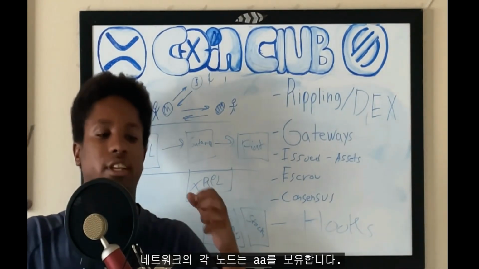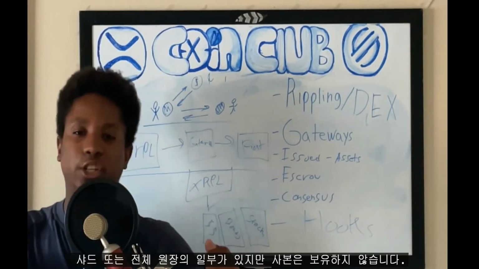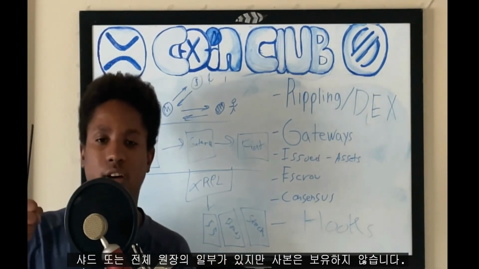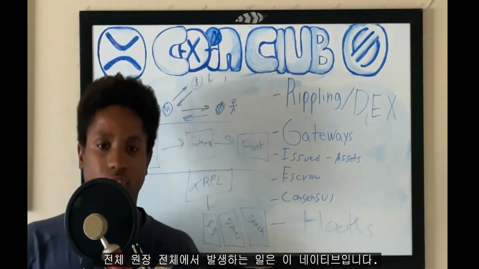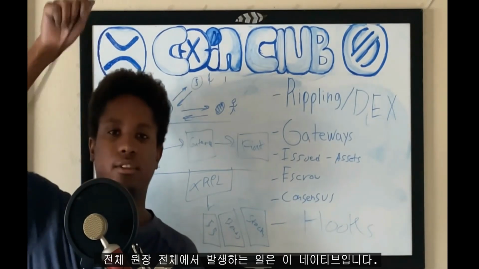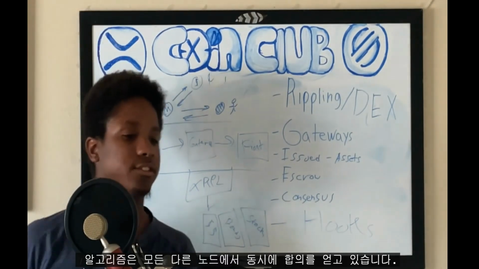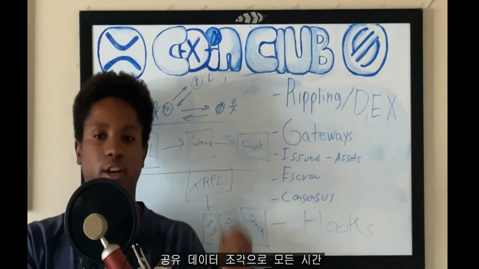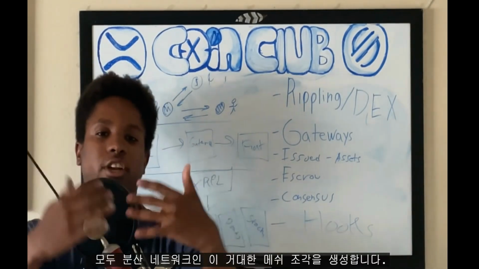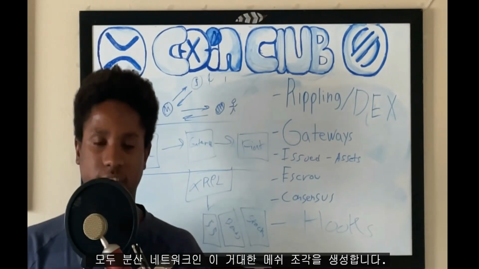And each node on the network holds a shard or a portion of the overall ledger, but doesn't hold a copy of the overall ledger as a whole. So what's happening is this native algorithm is getting consensus among all the different nodes, all at the same time, all with their shared pieces of data, all creating this giant mesh that is the decentralized network.